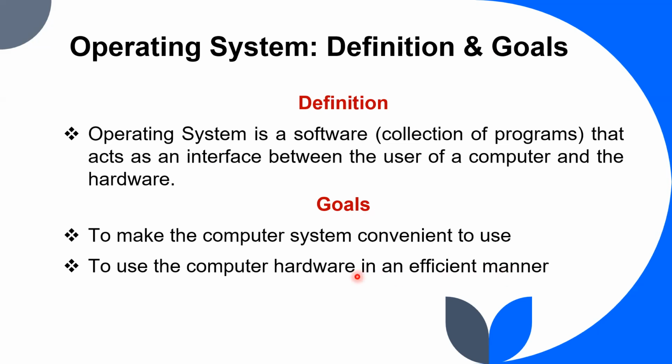Previously we have seen the different hardware resources, which include the CPU, memory and I/O devices. If you make efficient use of hardware in order to provide services to the users, that is called efficiency. These two design goals have to be kept in mind whenever an operating system is being designed. Once these two goals are achieved, the operating system will become more successful.